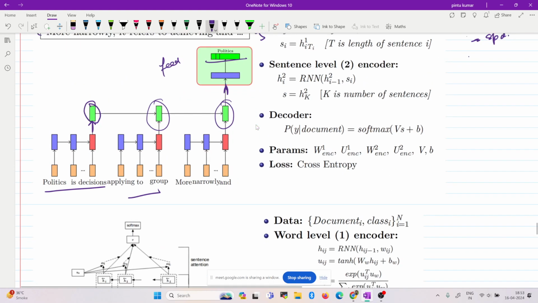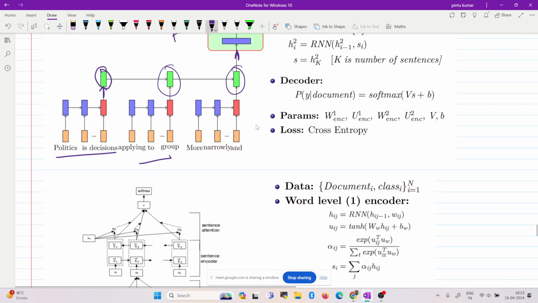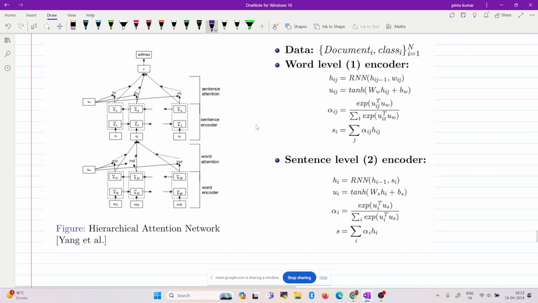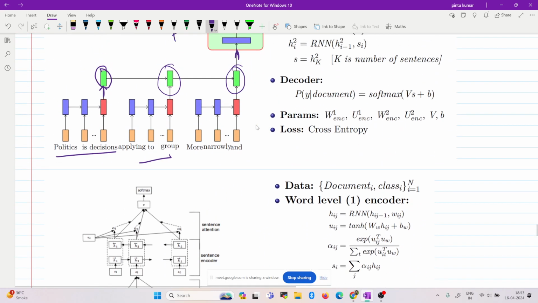Okay. Now if you want to incorporate attention on top of it, rather than just passing the final layer, you will have this kind of attention mechanism over here, right? This attention mechanism is a common attention mechanism for all of them. So the weights that you will learn, U attention, V attention, and the rest, would remain the same for all these three.